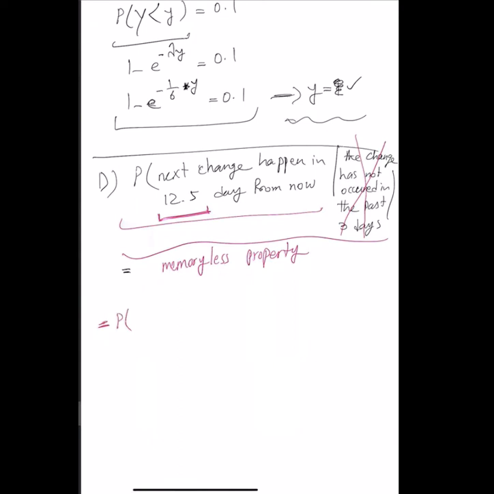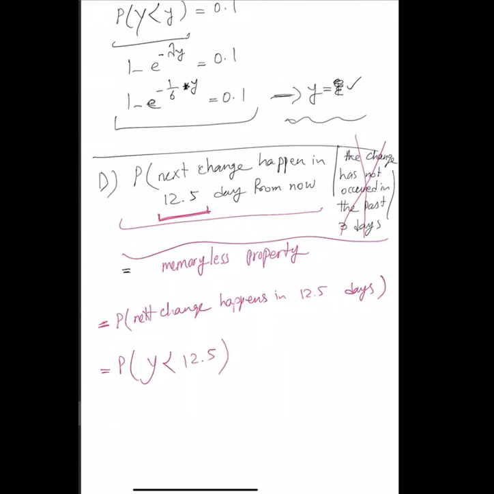So this is equivalent to the probability that the next change happens in 12 and a half days, or the probability that this random variable is less than 12 and a half days. We want it to happen in the next 12 and a half days.